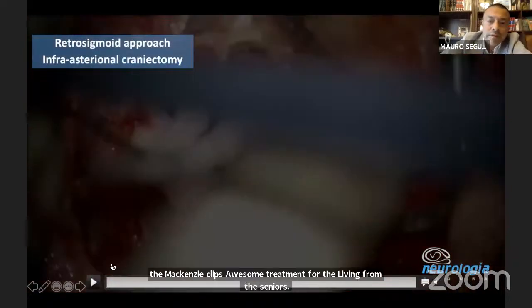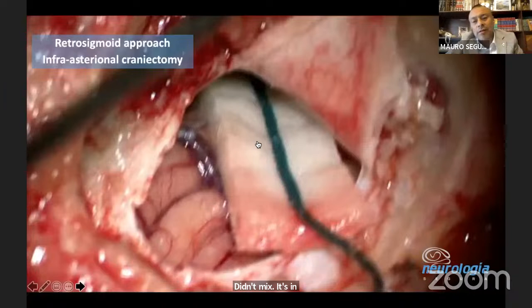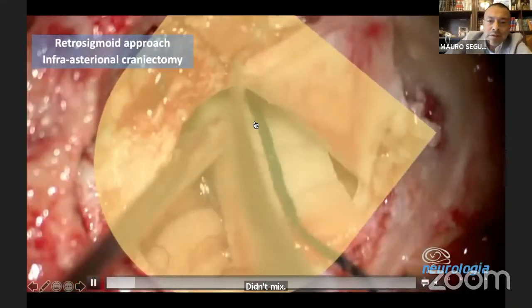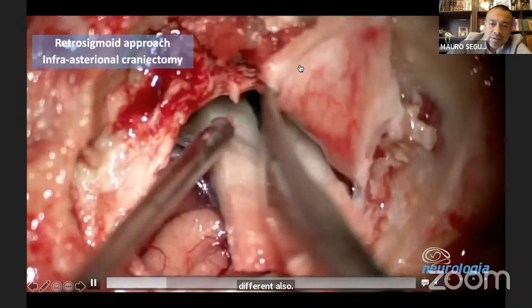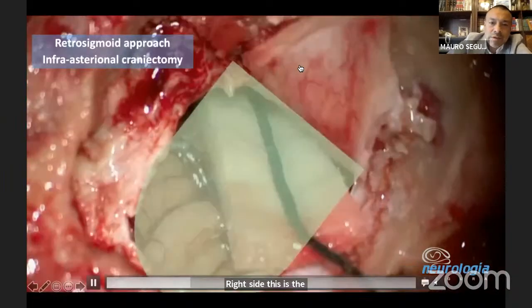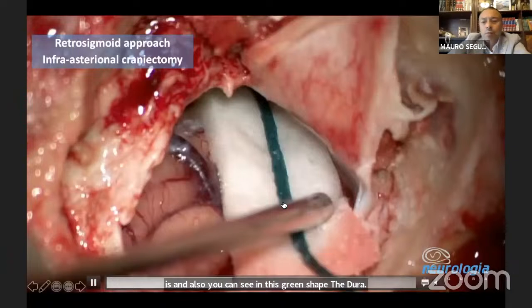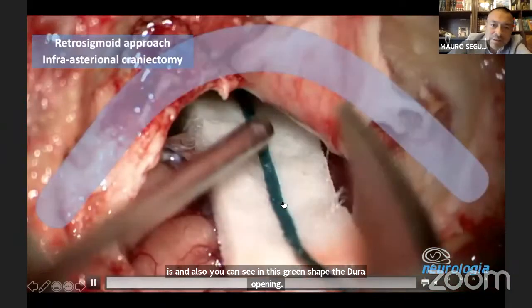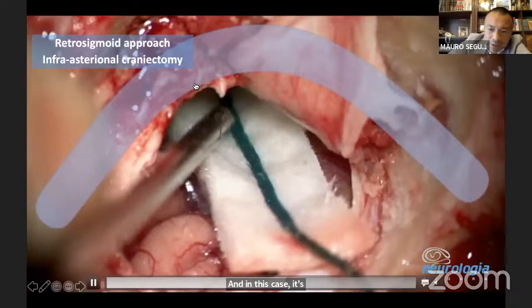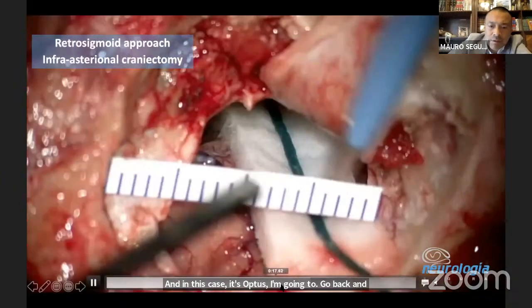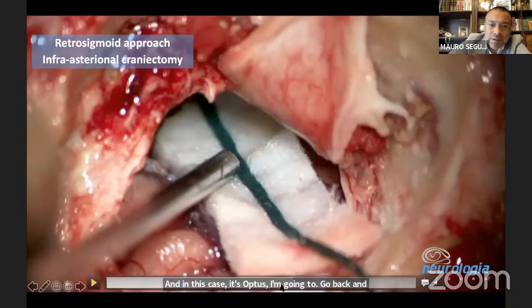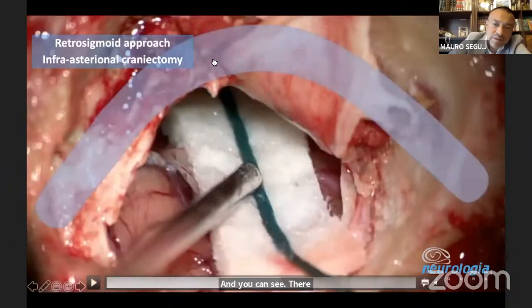In the next one, it looks the same, but it's also different. Right side, this is the base, the sigmoid sinus. This is the transverse sinus. And you can also see in this green shape the dura opening. In this case, it's an obtuse angle. I'm going to go back and stop. As you can see, there is no clear right angle, no 90 degree angle.